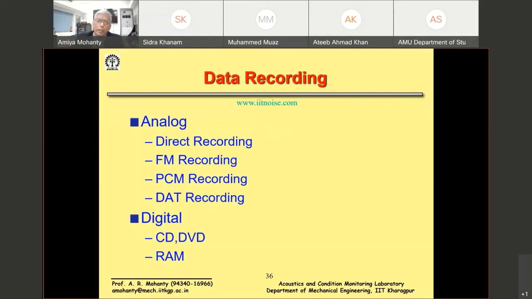So what happened? These two gentlemen found out this algorithm, and I think they were employed by Westinghouse. And then the company Hewlett and Packard, HP, which we know today, immediately hired them, and they commercially started to make what are known as spectrum analyzers.